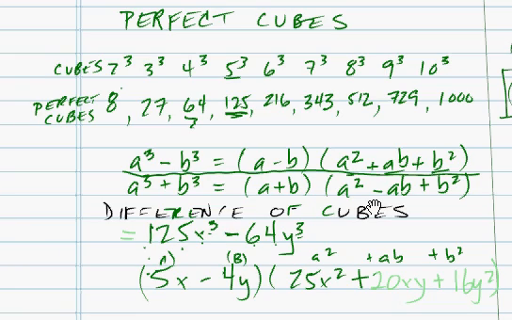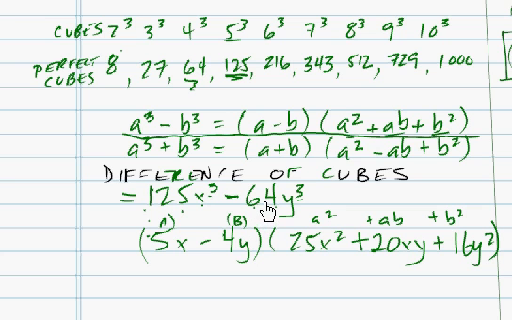And so that's plus ab, which would be, let's see, well, 20xy, plus b squared, which would be, in this case, 16y squared. And that would be how we found the difference of these two cubes. All right, thanks.